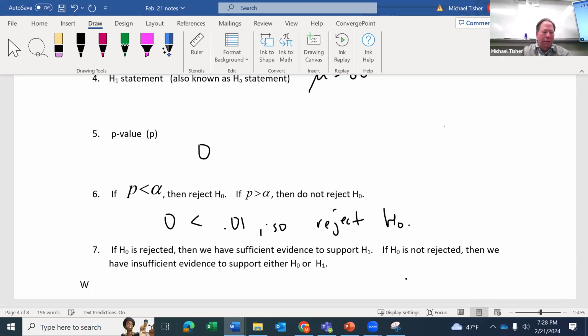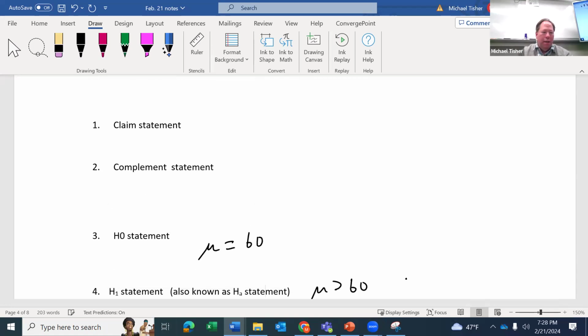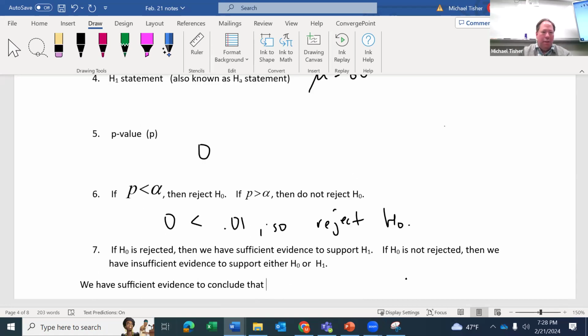So we have sufficient evidence to conclude the H1, right? In this case, the population mean is greater than 60.